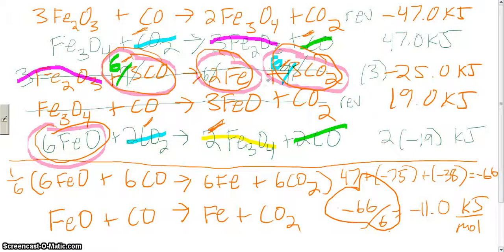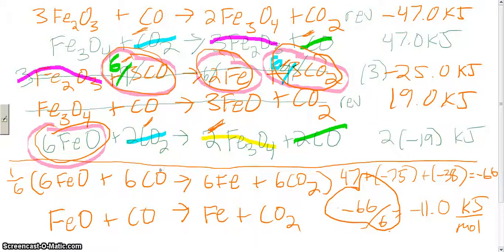Then on the second reaction, we multiplied it by 3, so we had to multiply the enthalpy by 3. And then for the third reaction, we reversed it and multiplied it by 2. So we had to change the enthalpy to the opposite of what it was, which is negative 19, and then multiply that by 2.